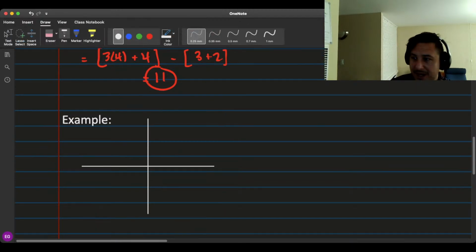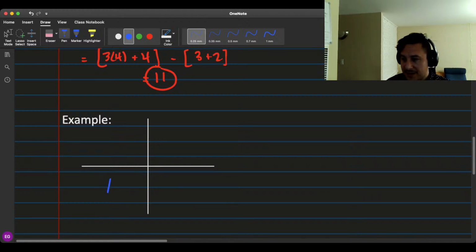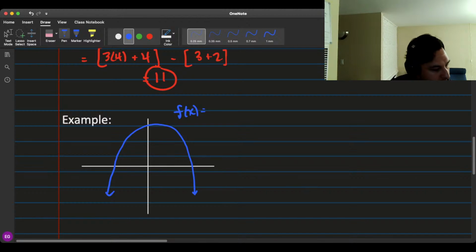Alright, so for this one, our f of x is going to be a parabola. Our parabola will be (9 minus x over 2) quantity squared.